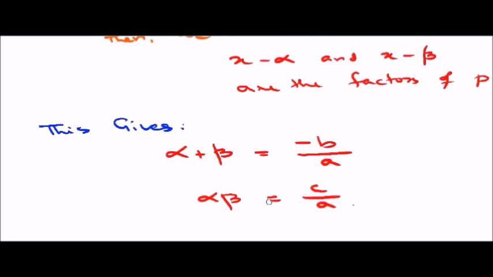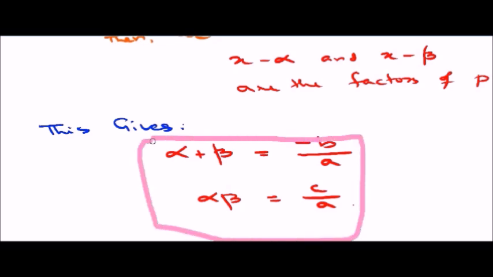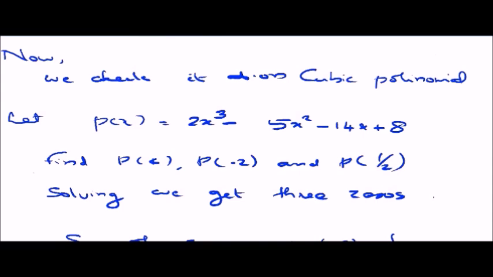This gives alpha plus beta is equal to minus b by a, and alpha beta is equal to c by a. That is, sum of roots is equal to minus b by a, and the product of roots is equal to c by a.